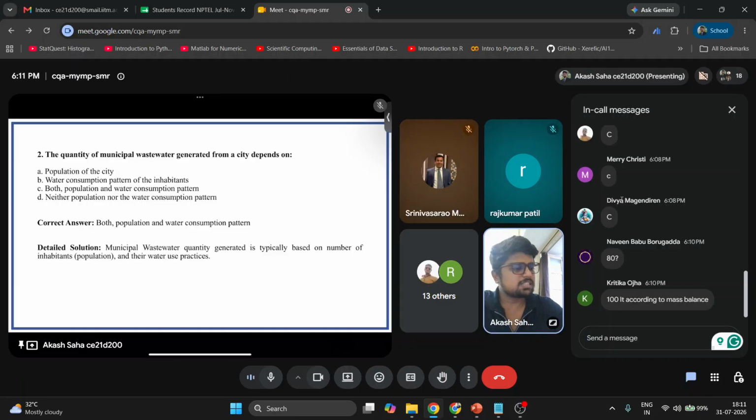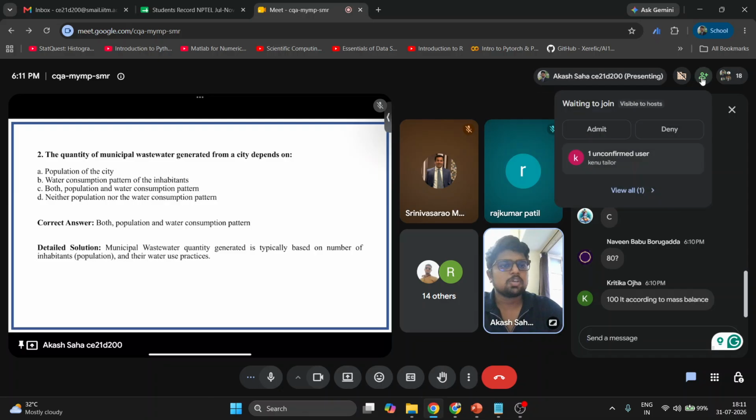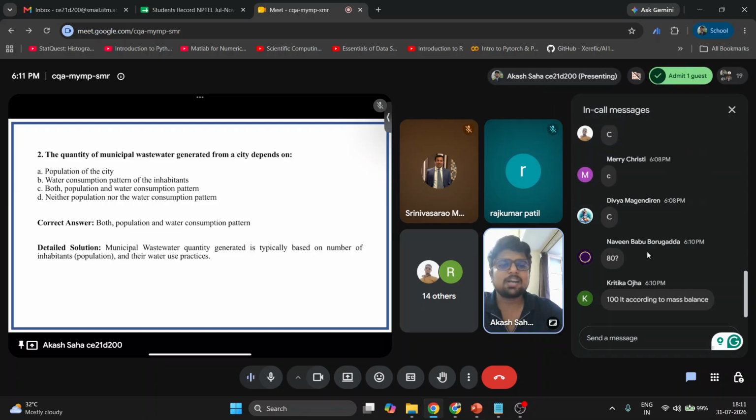So let me discuss one more thing. When we are talking about water consumption pattern, on what factors do you think the water demand changes? Can someone tell me? What are the different factors of a city or whatever?